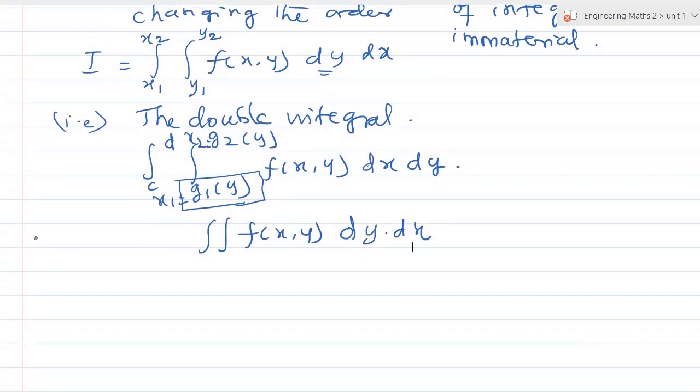So here previously the inner integration limits were for x, therefore we write x equal to g1 of y, x2 equal to g2 of y.